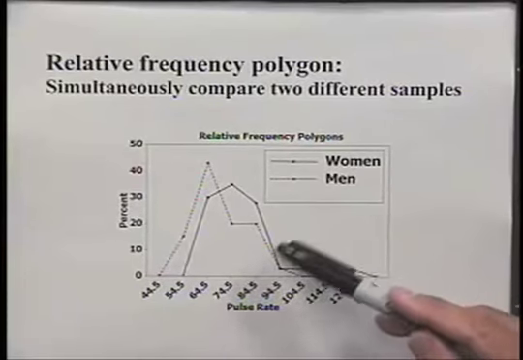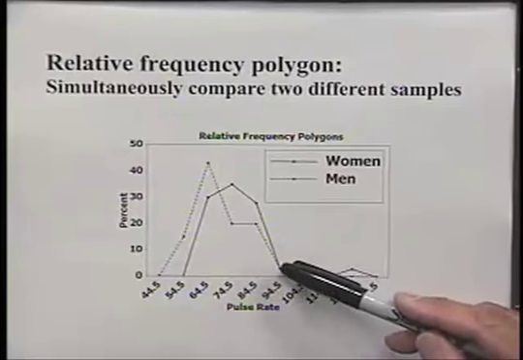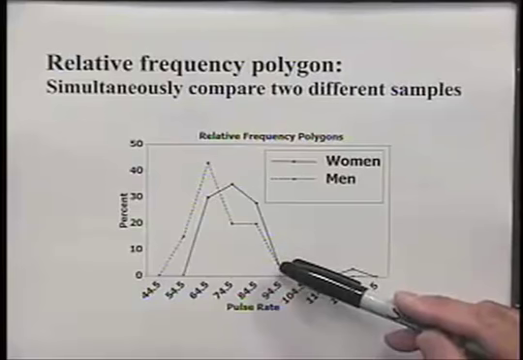This would be a topic I'd be interested in pursuing using other methods of statistics that we'll learn about later in the course, methods for comparing two data sets analytically apart from just a subjective interpretation of the graph. But relative frequency polygons are excellent tools for comparing data sets.